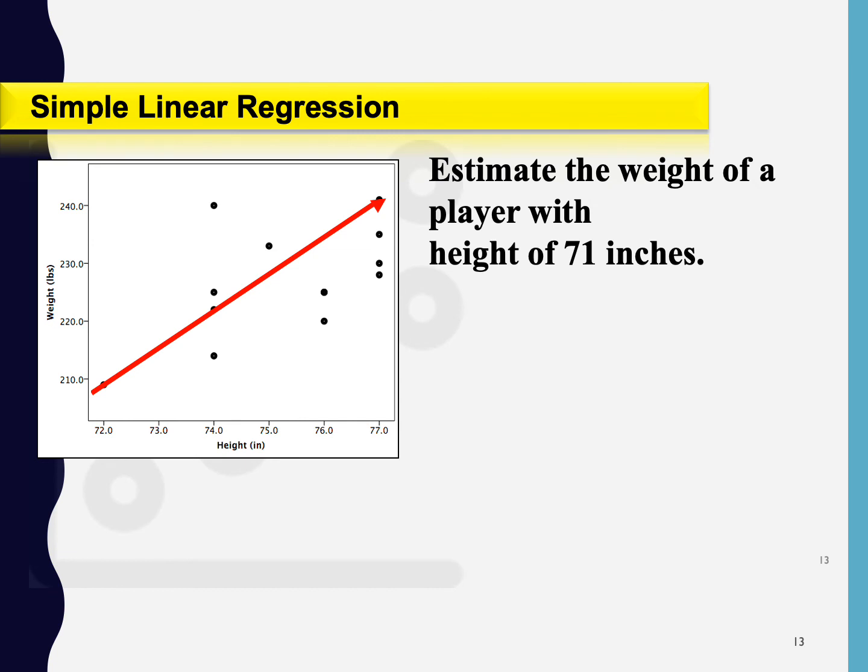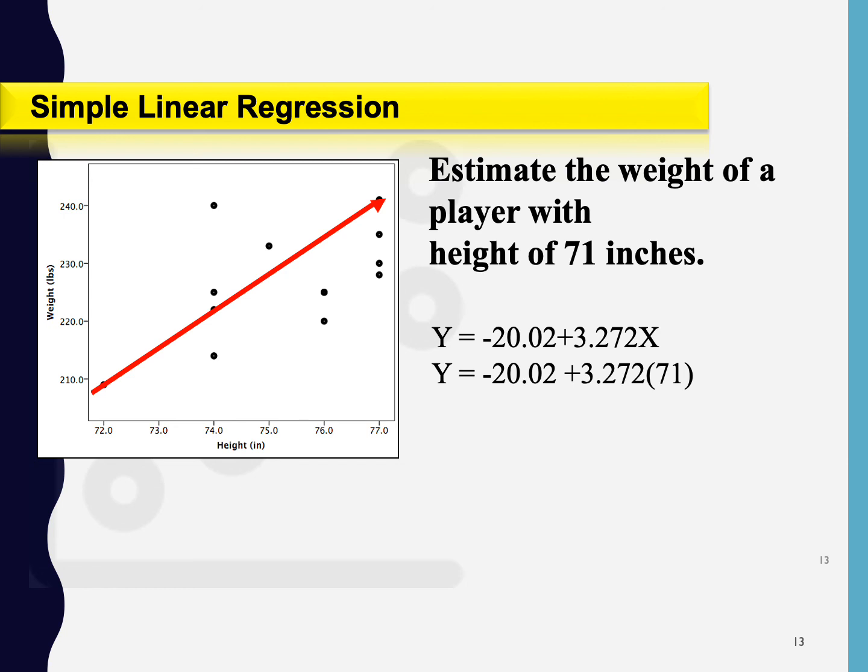Now, what if we are asked to estimate the weight of a player with a height of 71 inches? Here, we use the equation of the best fit line that we formulated a while ago. The height of 71 inches is your x variable, so you substitute x in the equation with 71 inches.